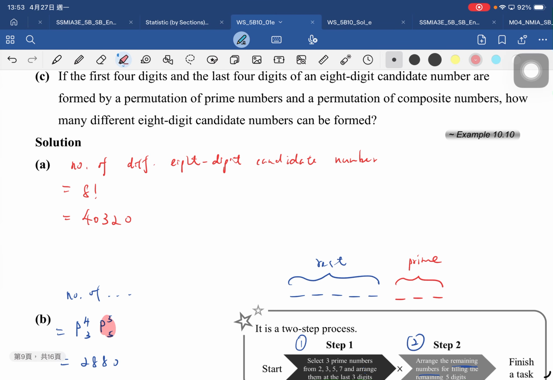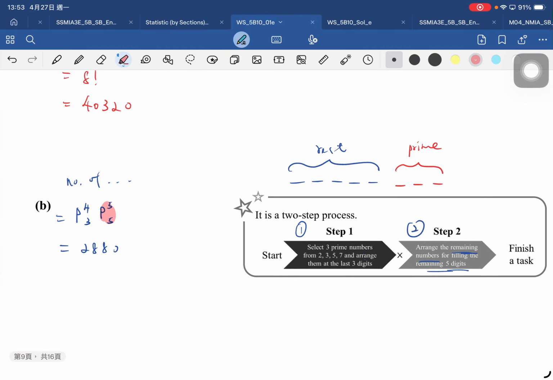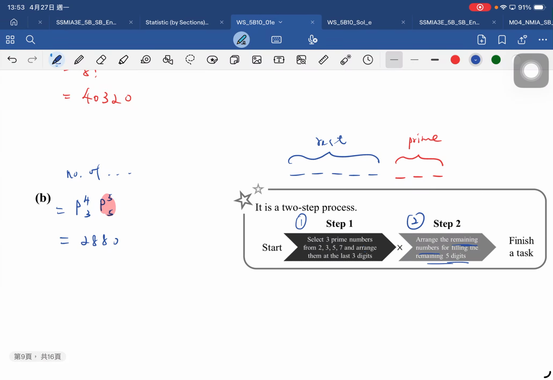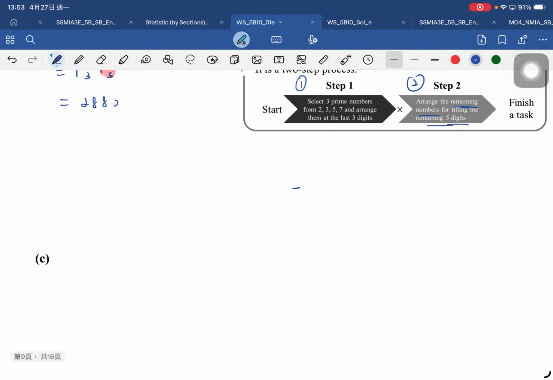The first 4 digits and the last 4 digits of the 8-digit candidate number are formed by what? Prime numbers and composite numbers. So now what does it mean? That means the left side, maybe I put it here.